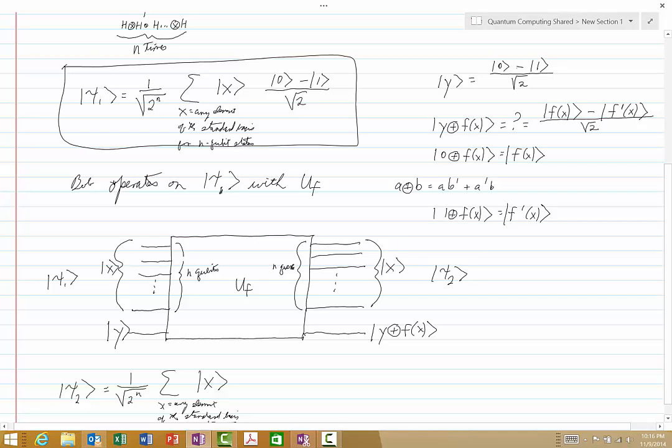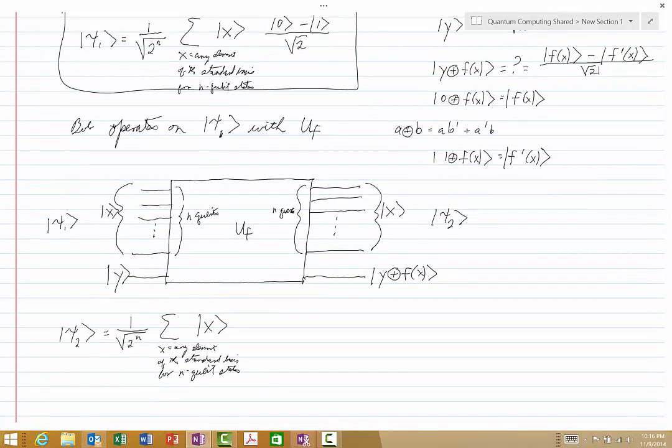I'll rewrite that down here: y exclusive or f of x is equal to, now of course that's only true for this particular y, f of x minus f prime of x over the square root of 2.